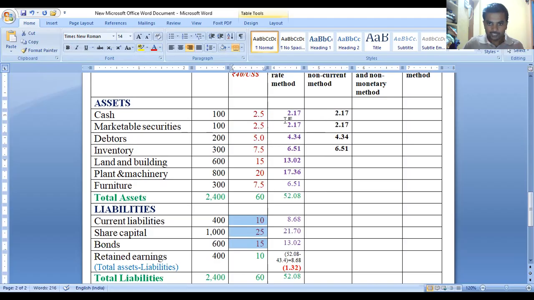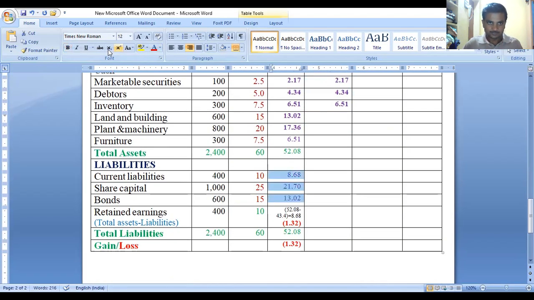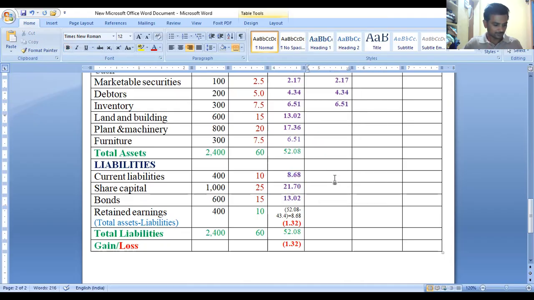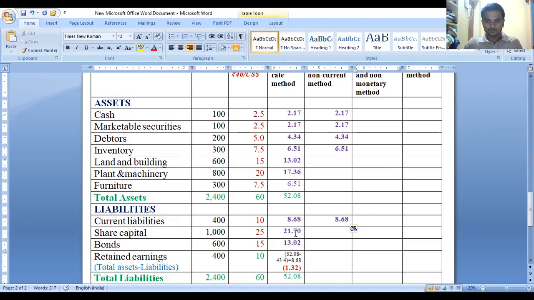All these current assets need to be converted to the current rate. Look at here also, there are current liabilities. Share capital is long term. The bond is a long-term liability of the organization. So all the current assets and current liabilities should be converted to the current rate, and all the long-term liabilities and fixed assets should be converted to the historical rate.